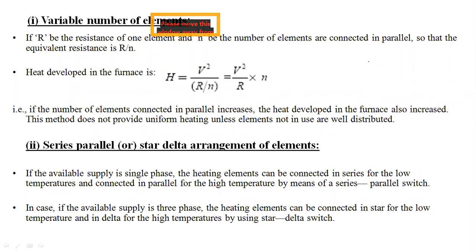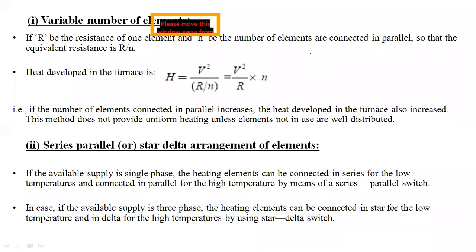So here H is going to be used for the heat development in whatever furnace you have considered for placing the heating elements, that is V square by the equivalent resistance. This is also nothing but V is equal to IR, I is equal to V by R, that is V square by R. Here R is the equivalent resistance.